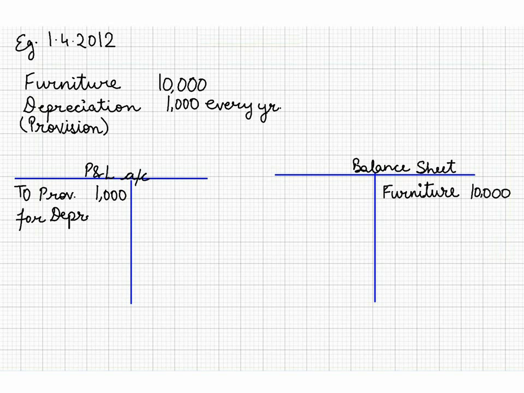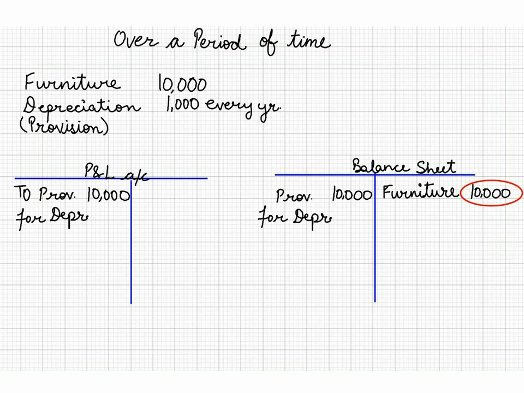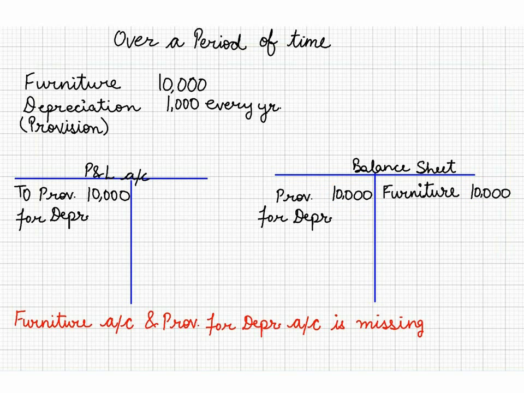On the asset side, furniture rupees 10,000, provision for depreciation rupees 3,000. So in this way, what will happen? One day, on the asset side, the furniture will be rupees 10,000, and provision for depreciation on the liability side will be 10,000, and we'll cancel both the accounts. In this way, the furniture account will be gone and the provision for depreciation account will be gone.